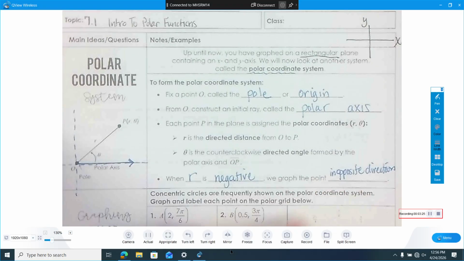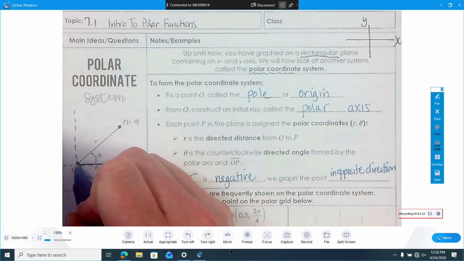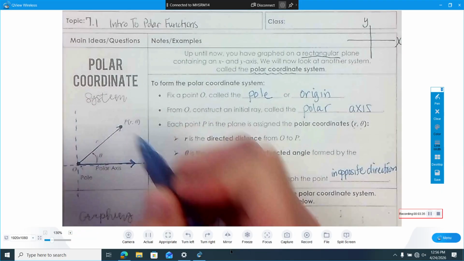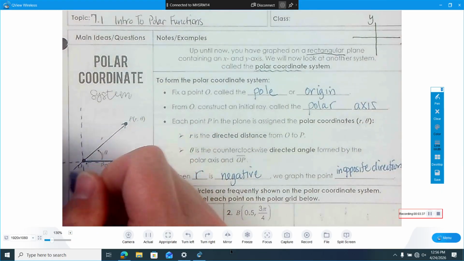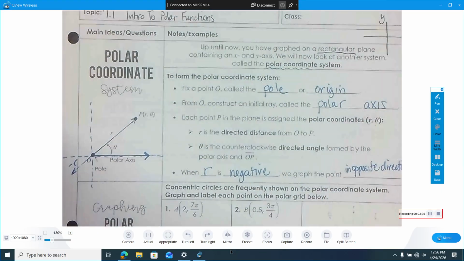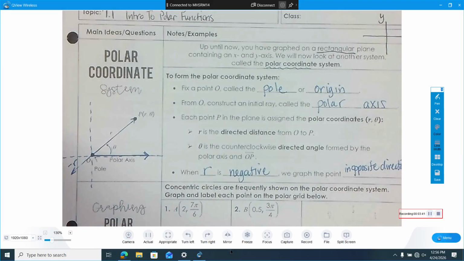So I'm going to show you on the next one. We graph that in the opposite direction when the radius is negative. Instead of graphing it towards your angle, we go exactly the other way.